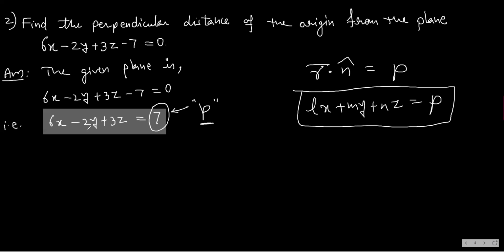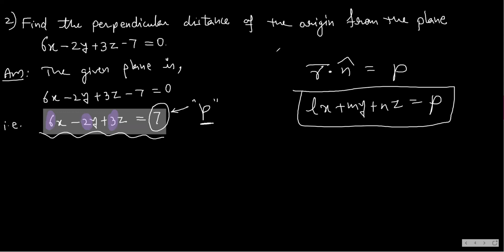So here we are given the Cartesian equation, so what do I understand? It has to be Lx plus My plus Nz, that is, I should be having these three numbers as the direction cosines of the normal.